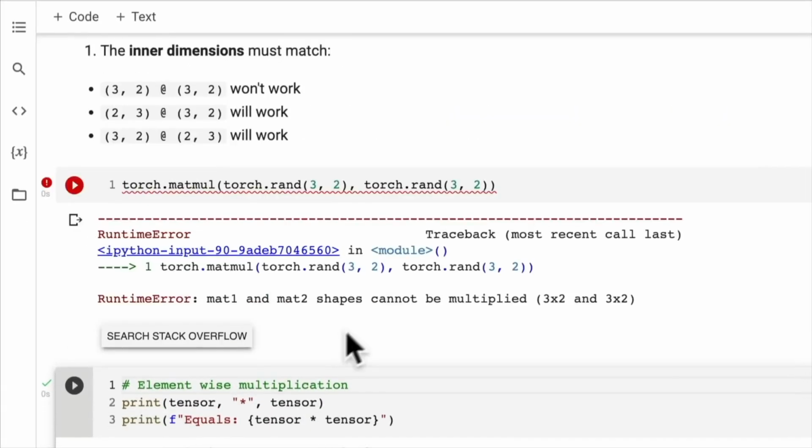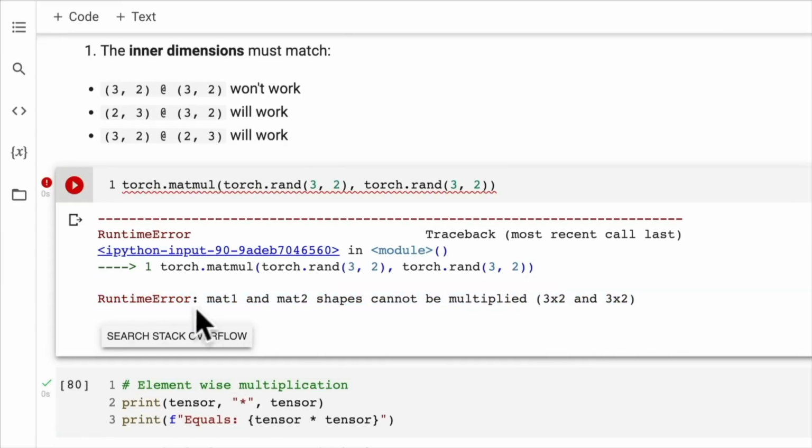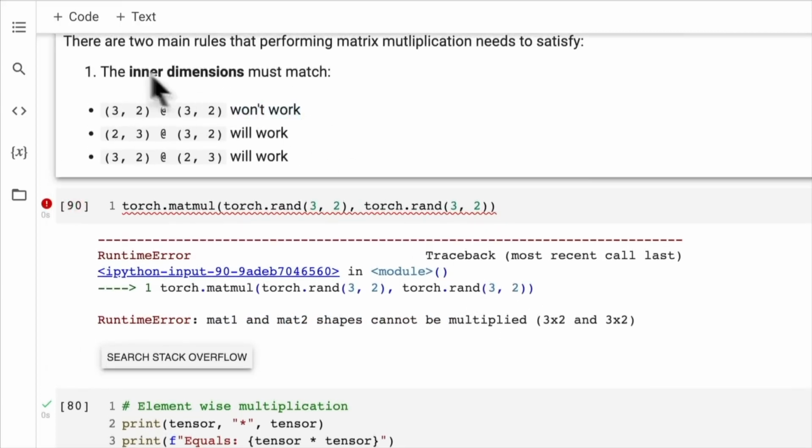We'll get an error. There we go. So this is one of the most common errors that you're going to face in deep learning: matrix 1 and matrix 2 shapes cannot be multiplied because it doesn't satisfy rule number 1, the inner dimensions must match.